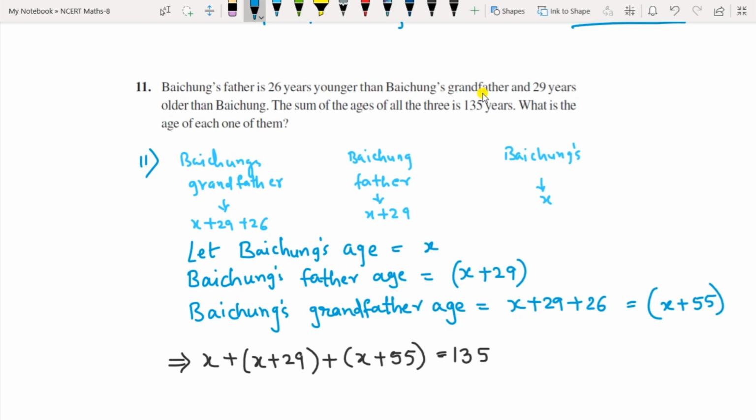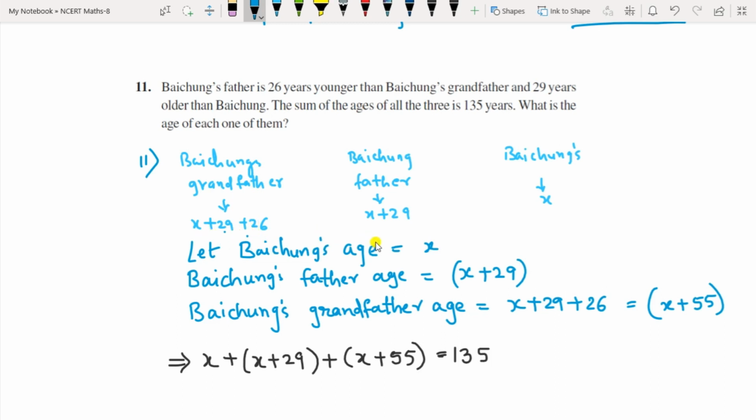Okay. 11th question is, Baichung's father is 26 years younger than Baichung's grandfather and 29 years older than Baichung. So we don't know Baichung's age. So Baichung's age, let it be x here. His father's age will be, he is 29 years older than Baichung, so x plus 29, and grandfather is 26 years older than Baichung's father.